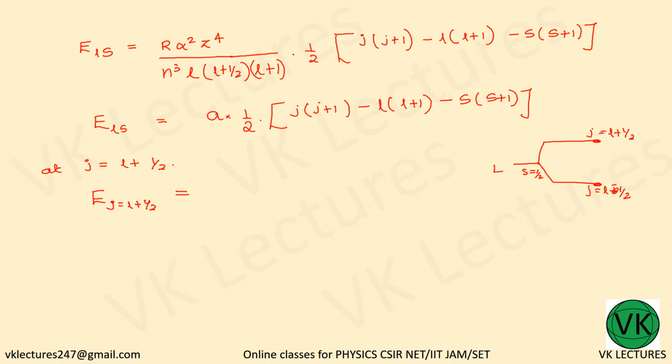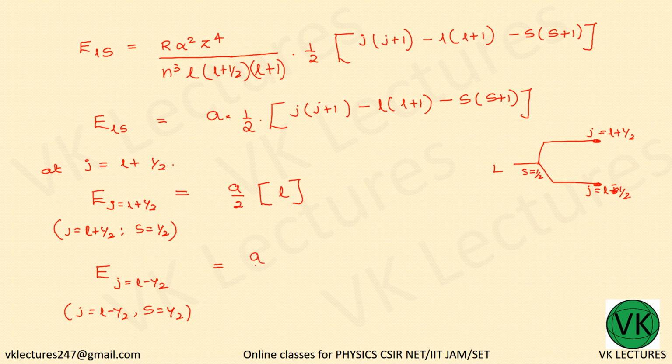What you are going to get is A by 2 into everything gets cancelled, and you end up with only L. Similarly for the energy at J equal to L minus half, put J equal to L minus half and S equal to half. In this case you get minus A by 2 into L plus 1. This is the energy with J equal to L plus half, and this is the energy with J equal to L minus half.